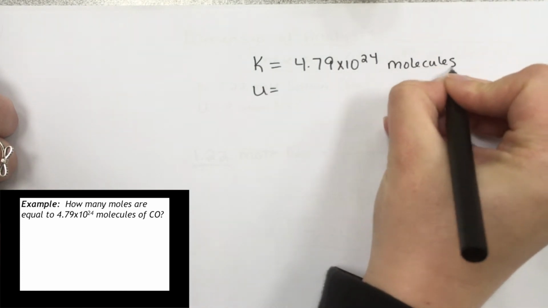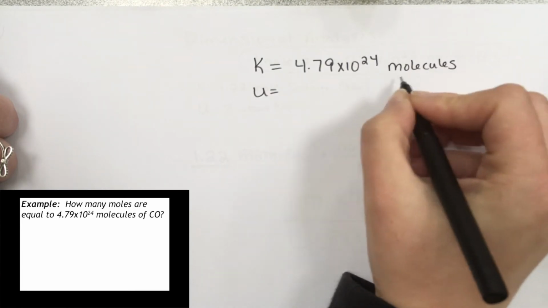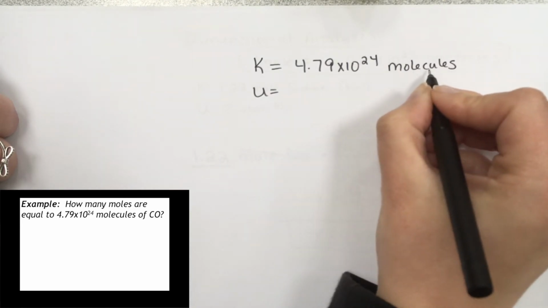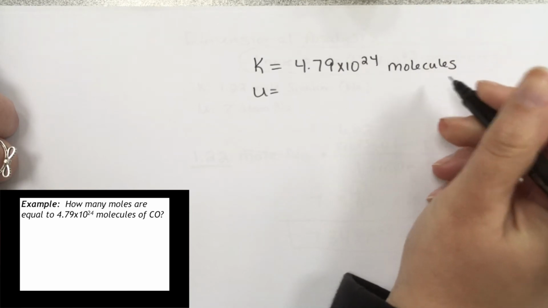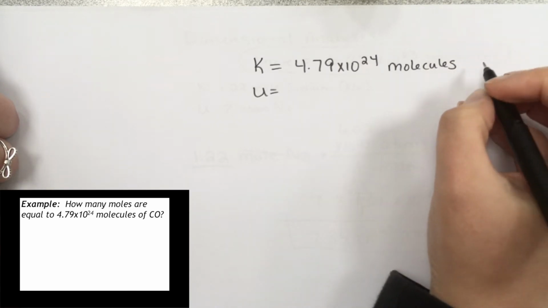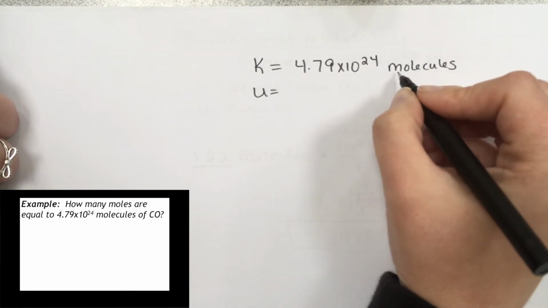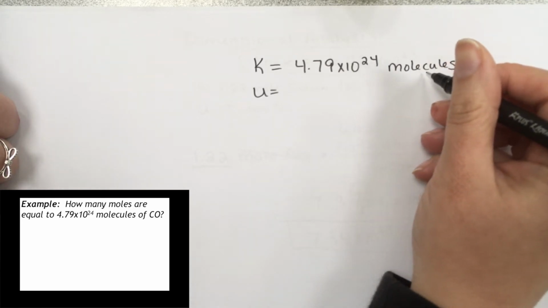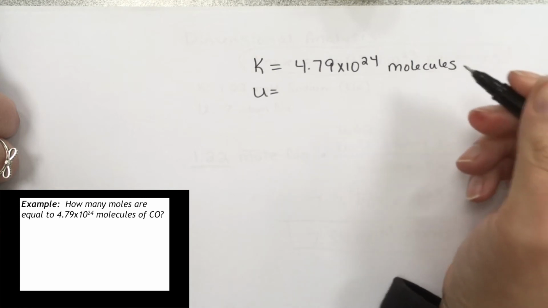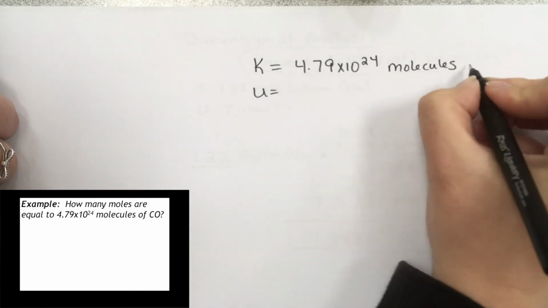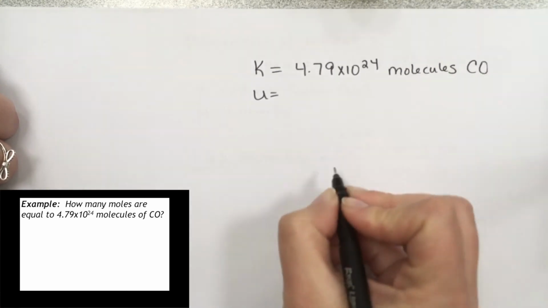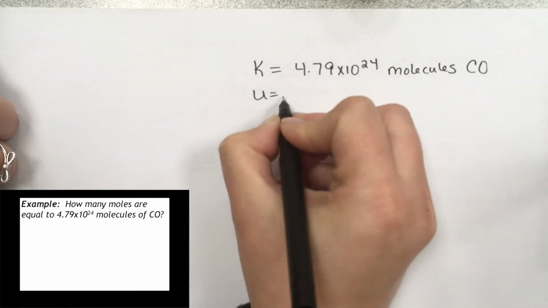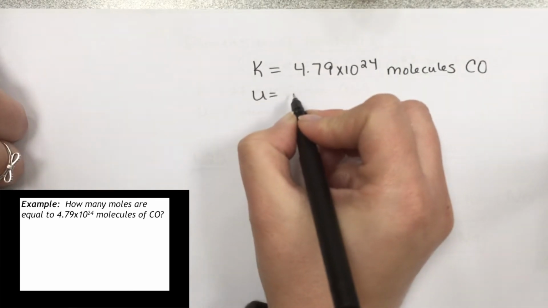Molecules. I wouldn't abbreviate molecules just yet, or maybe abbreviate it to the C. That way you don't get it confused with moles, because later we will be doing moles, and moles is usually abbreviated with MOL. So I don't want you to abbreviate it MOL or MOLE because of the mole. So we have molecules of carbon monoxide. And then our unknown, it's asking how many moles are equal.